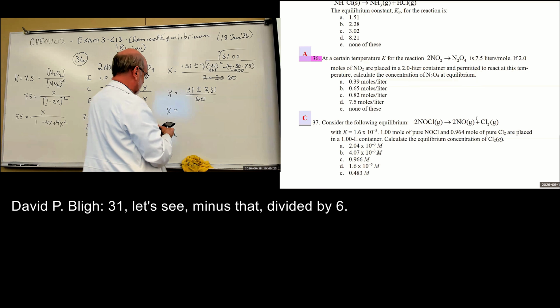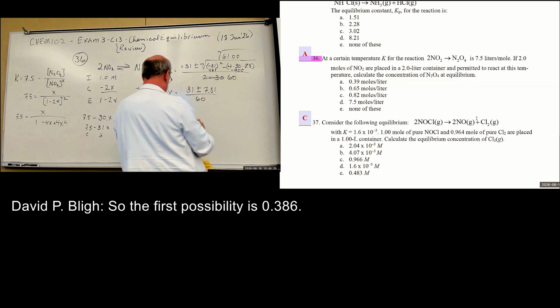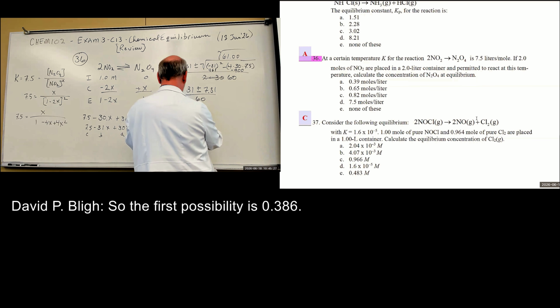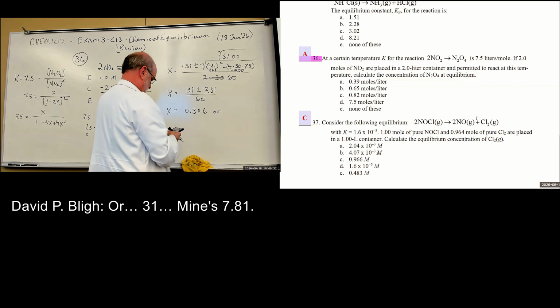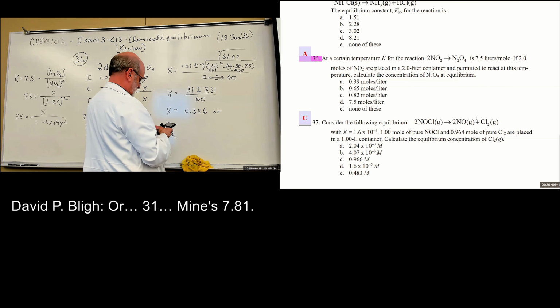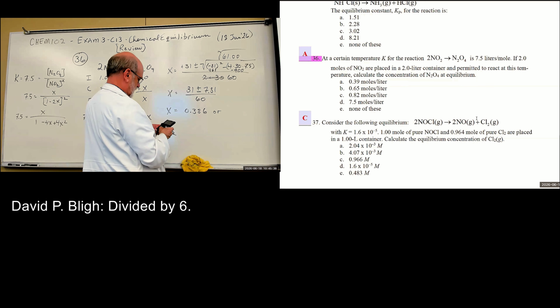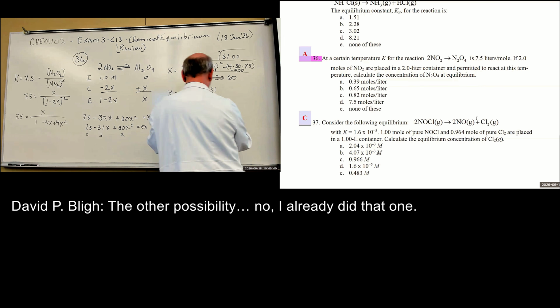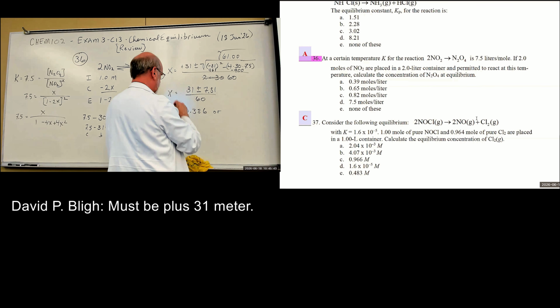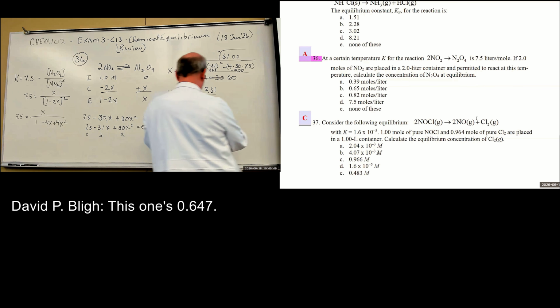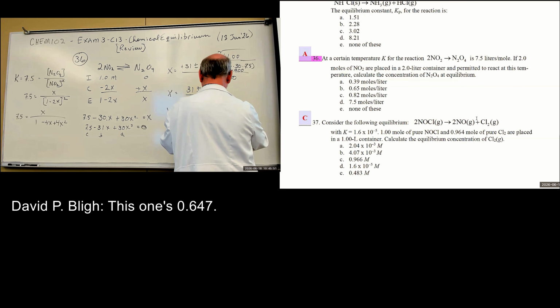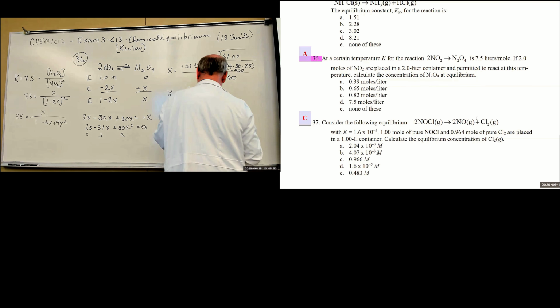31, let's see, minus that divided by 60. So the first possibility is 0.386, or 31 minus 7.81 divided by 60. The other possibility, I already did that one. Must be plus 31 here. This one's 0.647.